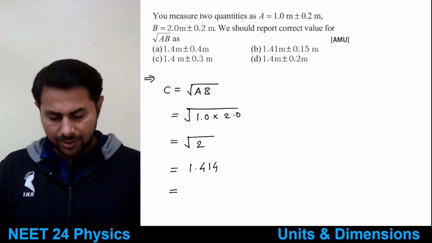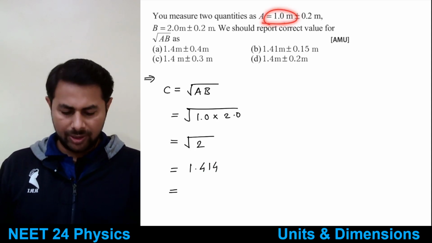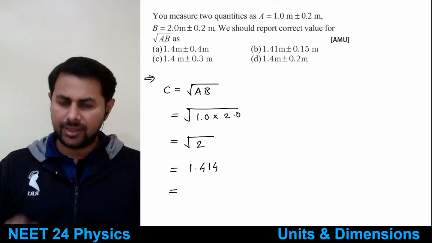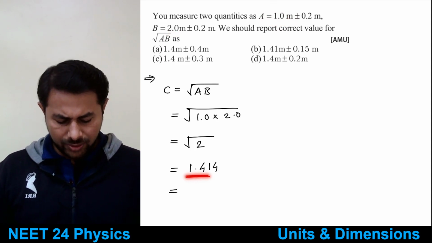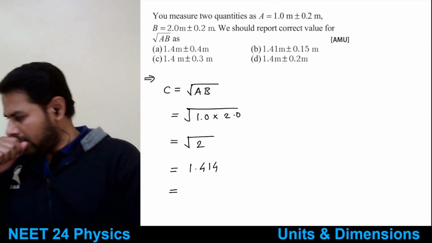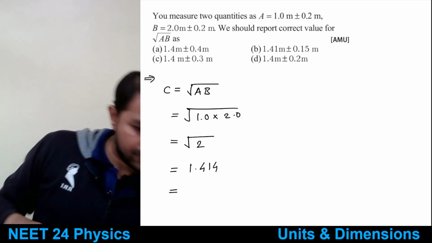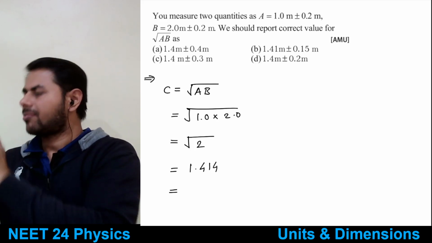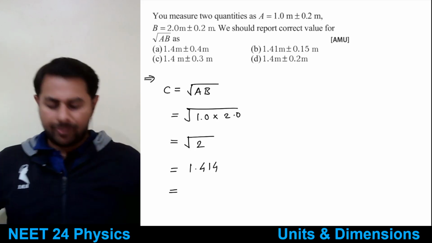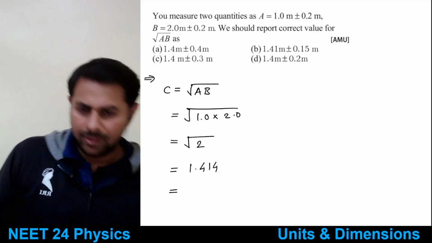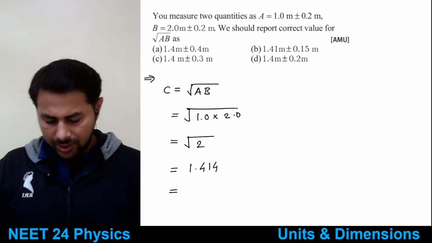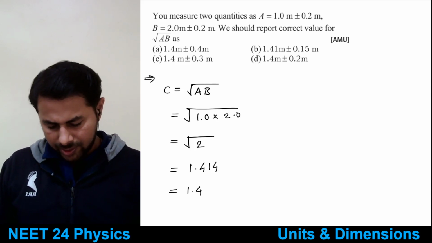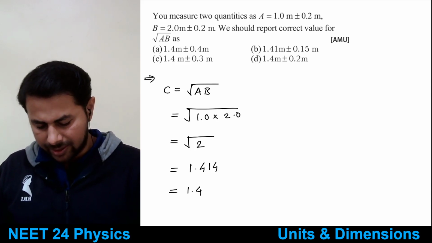But then your readings, I mean your measurements, they had only one significant digit after the decimal point, so you need to round it up. Okay, so you should round it up to what? 1.4, right? But that is one part only.